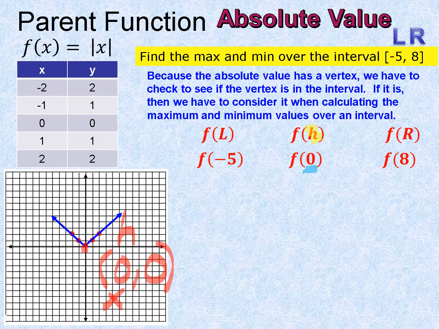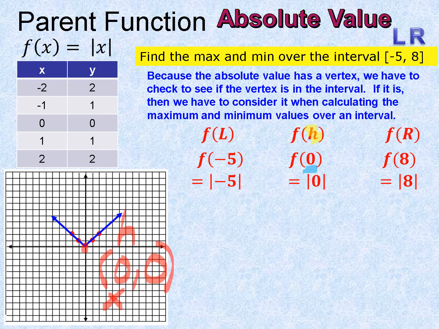So what we're going to do at this point is we are going to substitute these values into the parent function. So we're going to have to calculate the parent function or the given function 3 times. So I substitute in negative 5 for x, then I substitute in 0 for x, and then I substitute in 8 for x.